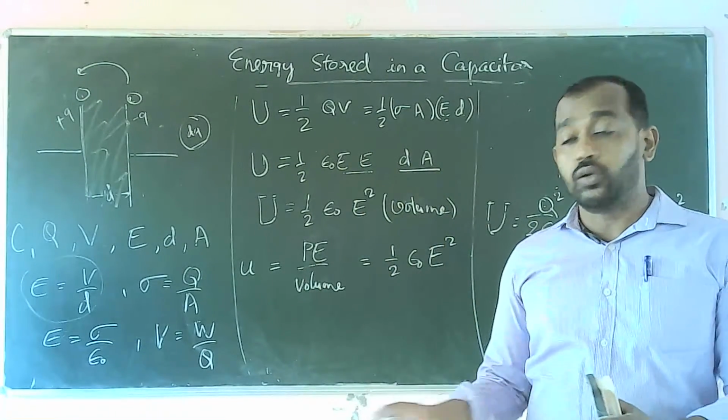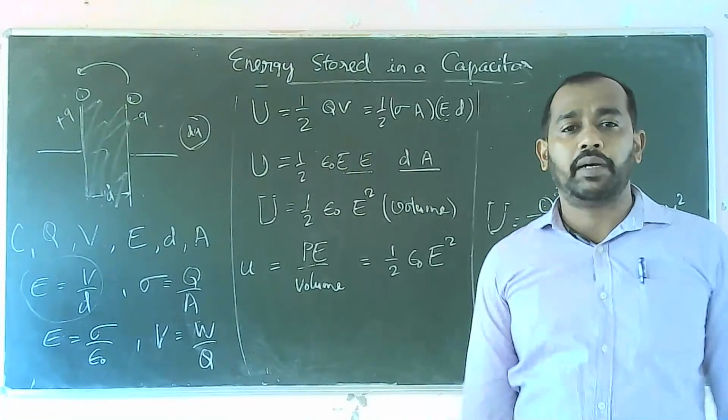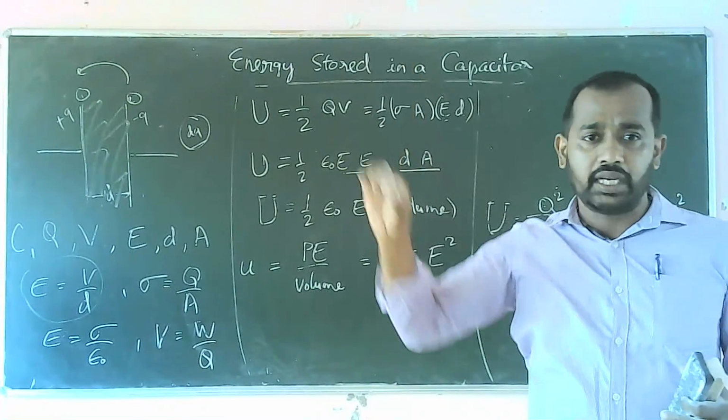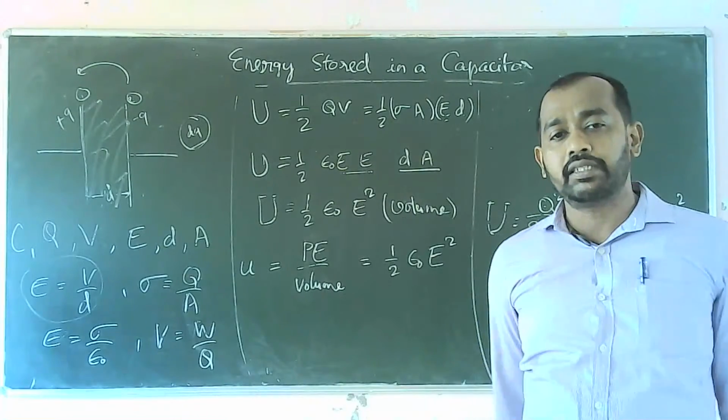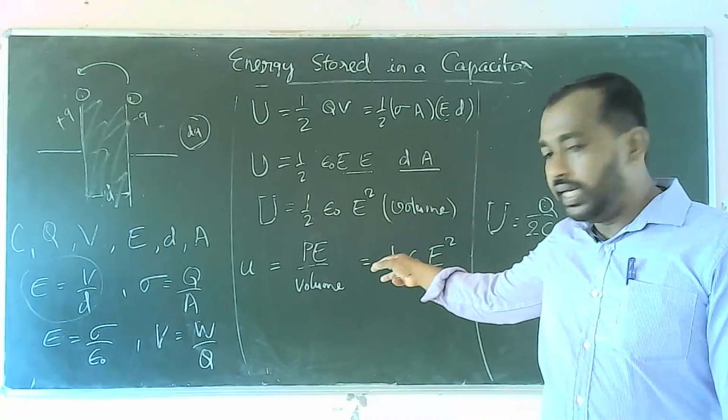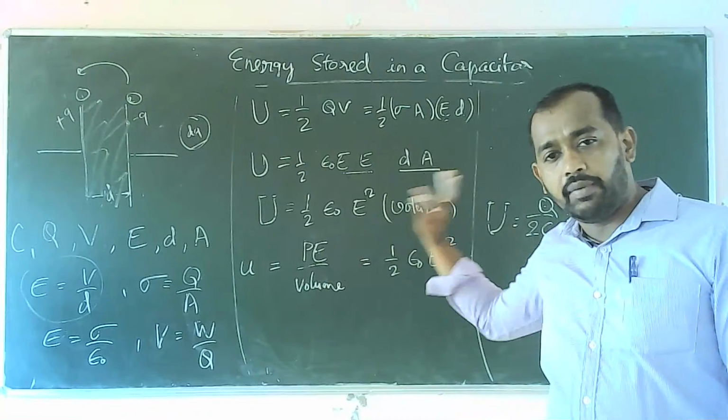It can be extended to a spherical capacitor or a conductor or something else where there are some point charges distributed over a given space. Then at any point, the energy density will be given by this equation.